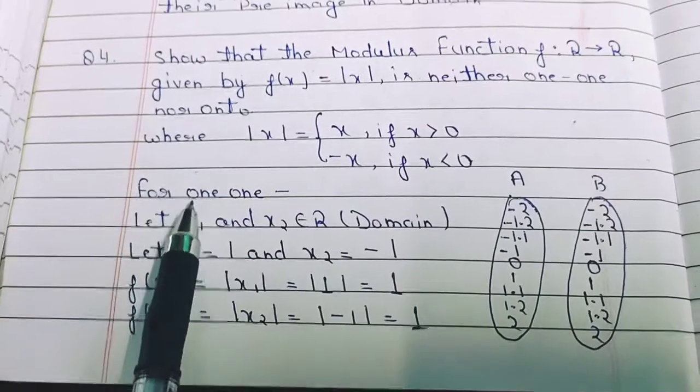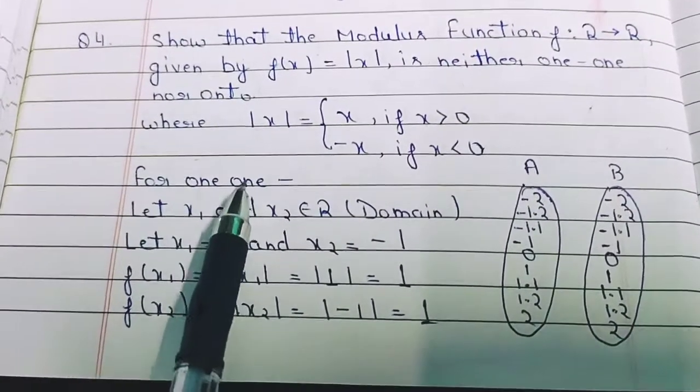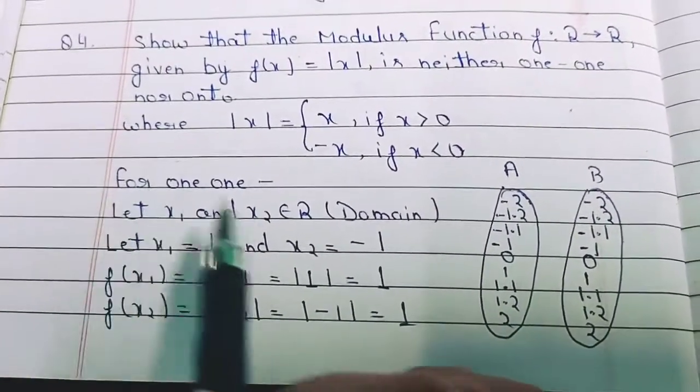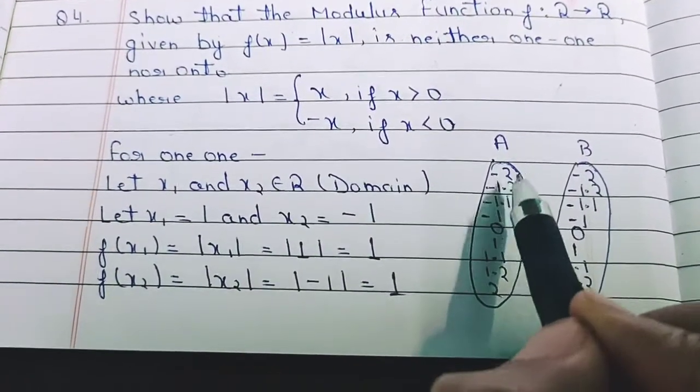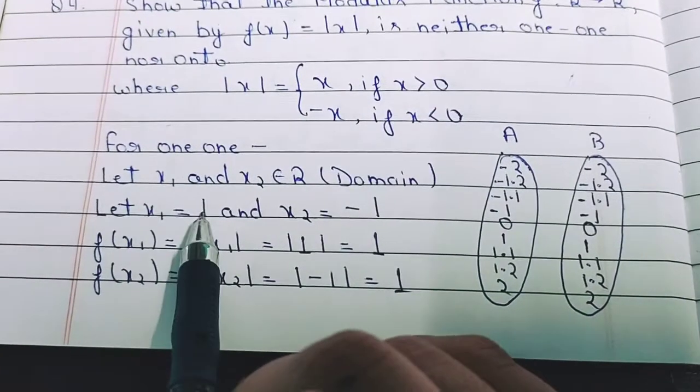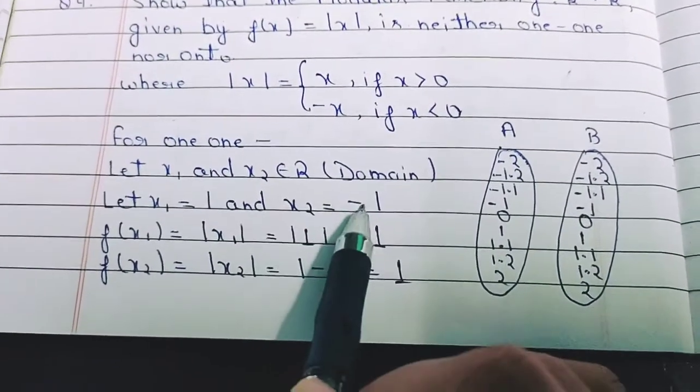First we check for one-one. So let x1 and x2 be two elements from the set of real numbers. Let x1 = 1 and x2 = -1.